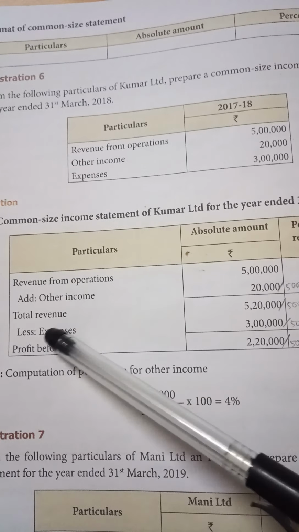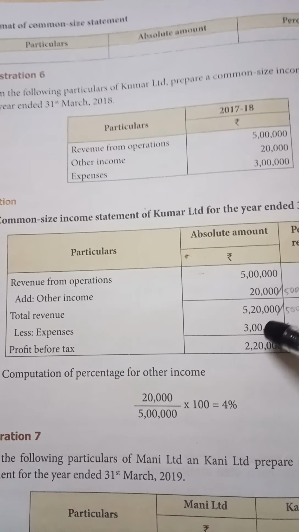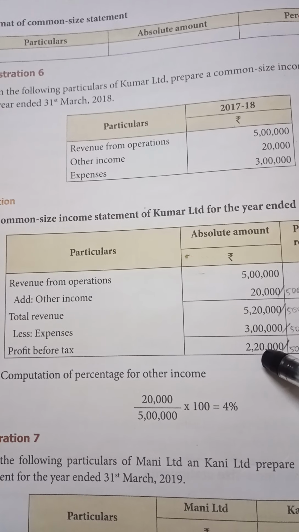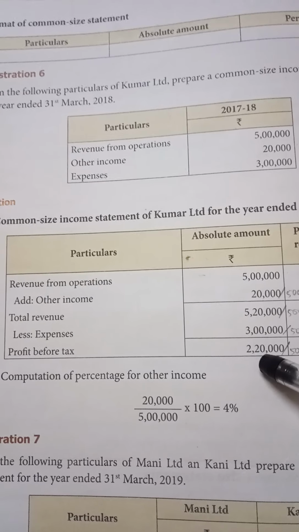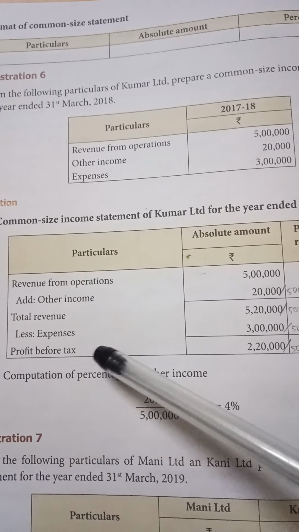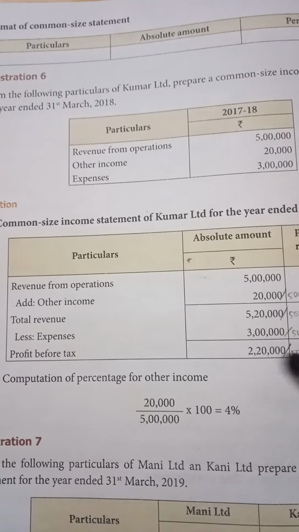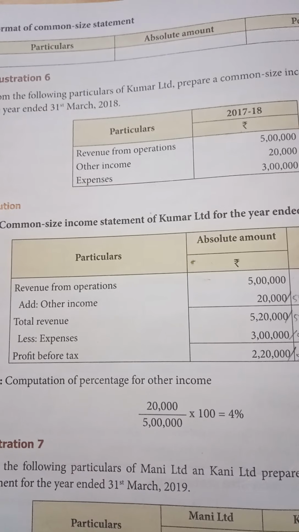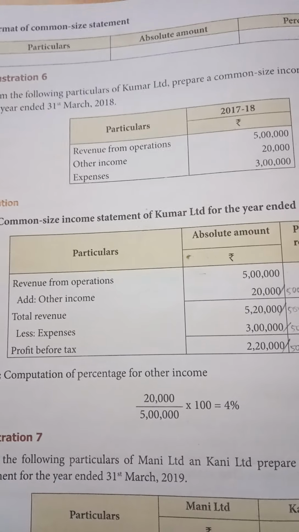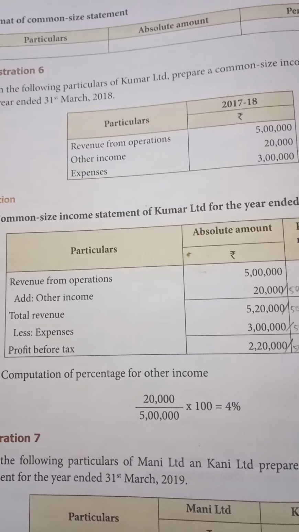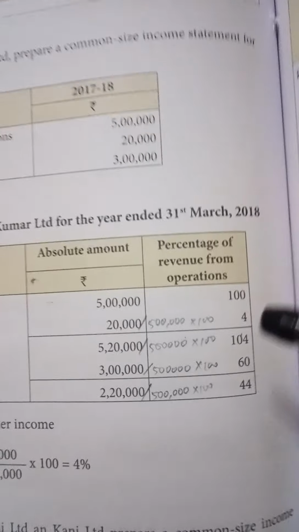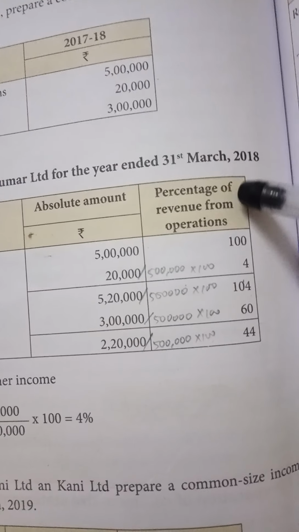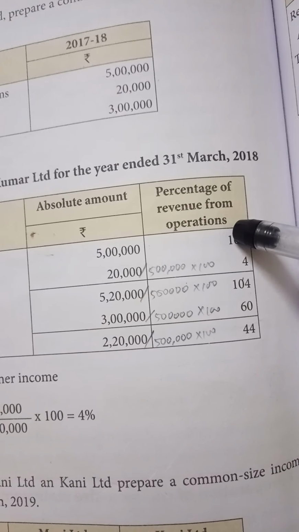You get a difference of rupees 2 lakhs 20,000. This 2 lakhs 20,000 is your profit before tax. Okay, this step is going to be the same as how we were doing it for the first tool, that is your comparative statement. The third column alone varies, percentage of revenue from operations.